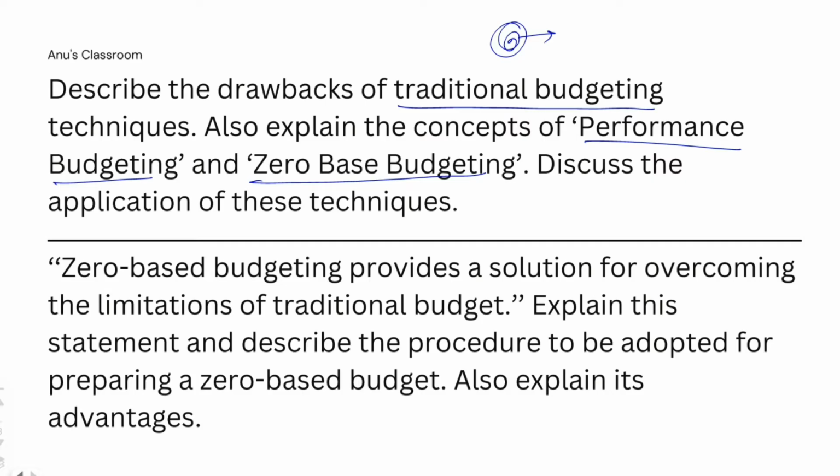Now, what is performance budgeting? Performance budgeting is a budget that reflects both the input resources as well as the output services of each unit of the organization. The goal is to identify and score the relative performance based on goal attainment for specified outcomes.